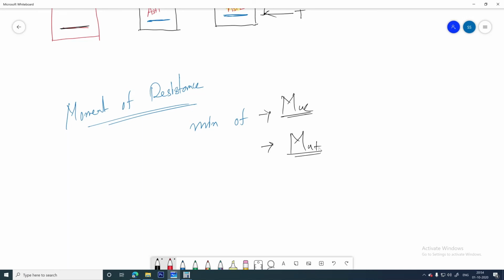So in our case, the MUC value and MUT value, what? MUT is 350 and MUC is 319. So definitely this will be the moment of resistance.